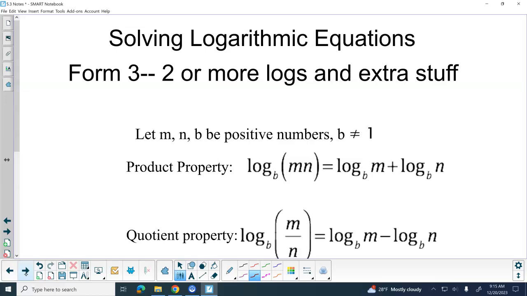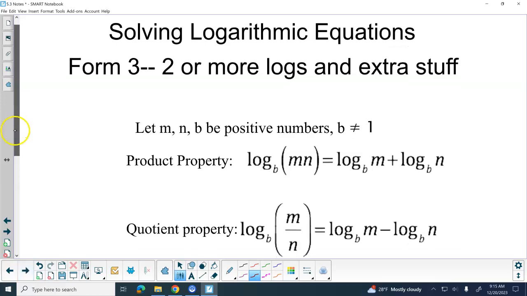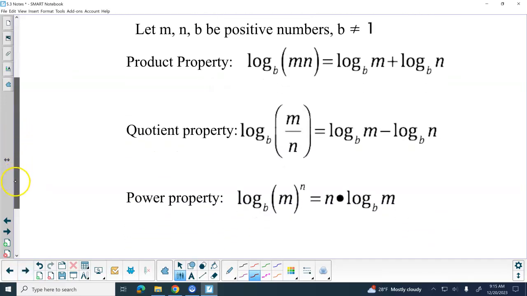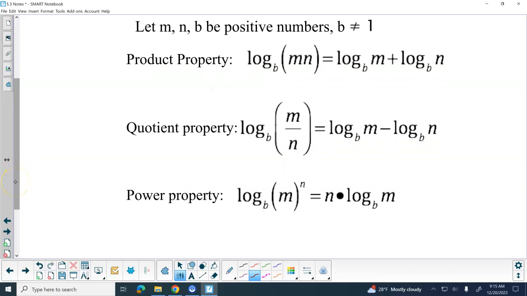Now, from your Algebra 2 work last school year, you did some logarithmic equations, and you learned the 3 properties of logs. The first property is the product property.